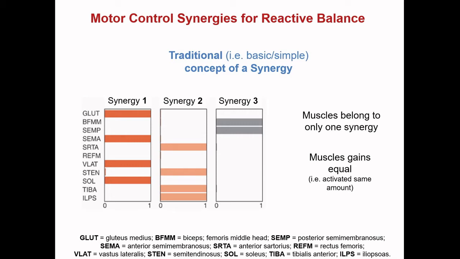The 0 and 1 at the bottom of each plot of each synergy represent the amount of contribution of each muscle. 0 represents no contribution, and 1 represents a full contribution. As you might expect, the assumptions of this traditional theory have not stood the test of time.